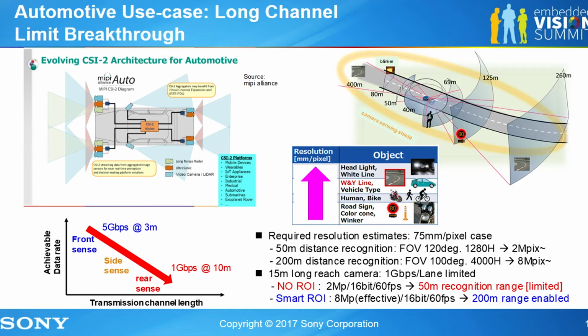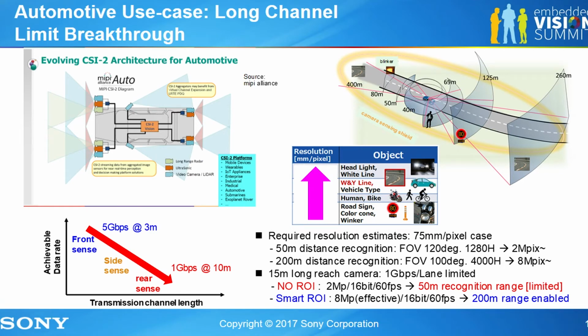For example, this is a common calculation to specify the image sensor requirements. In the 50 meter case, we need to have 2 megapixels, but in the case of 200 meter object recognition, we need to have 8 megapixels. That's almost impossible to achieve, such a more than 5 gigabit per second data rate through 50 meters or more.